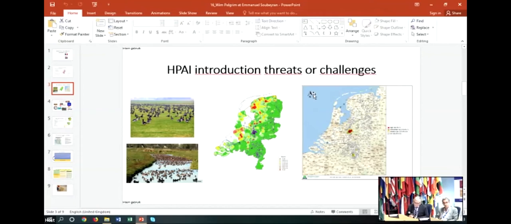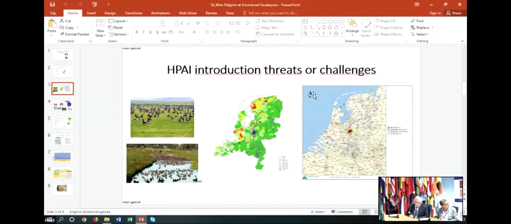The red areas are areas where the density of farms is that high that without extra measures when dealing with an outbreak, high pathogenic avian influenza will spread in between farms. There are two such regions, the one in the middle and a smaller region in the south of the Netherlands, which doesn't show that well on this slide.